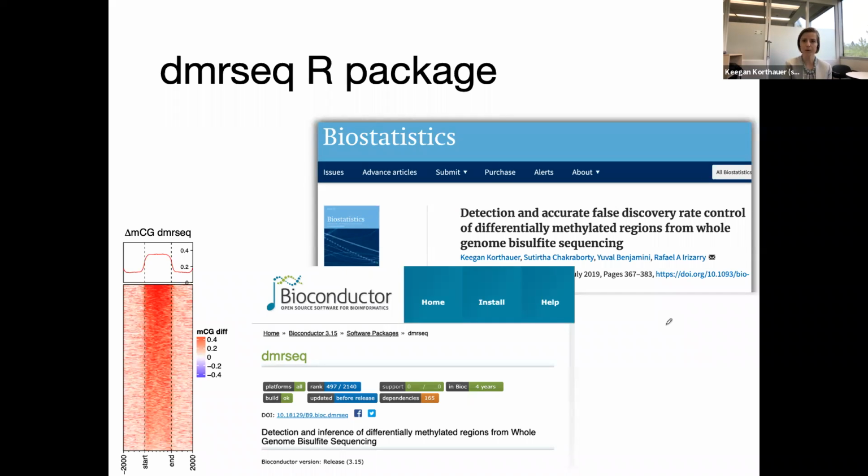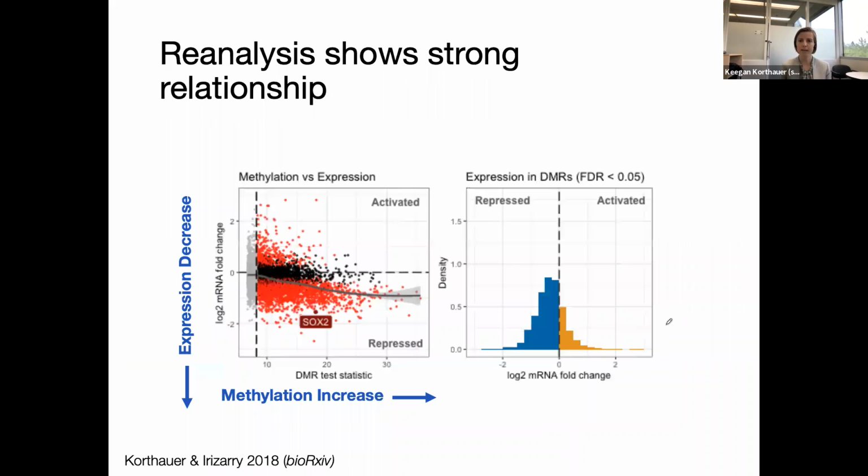And when we use this approach to reanalyze the data that was in the Ford study, we now see a strong relationship between the statistical significance of the methylation increase and the decrease in the expression level.